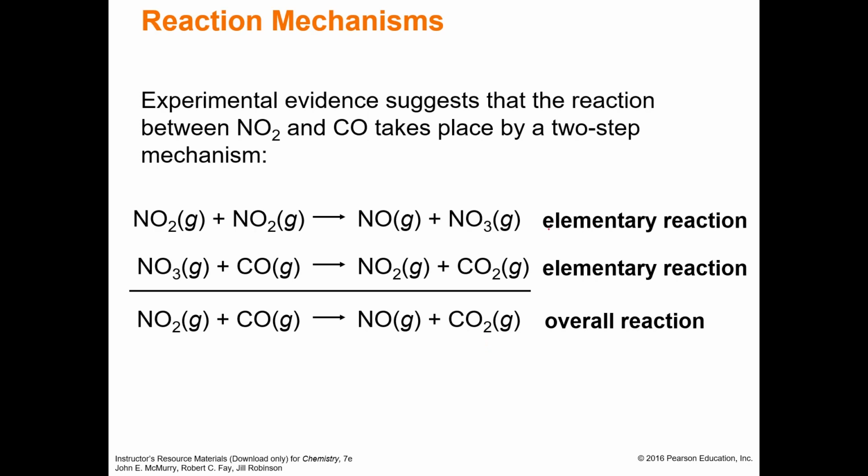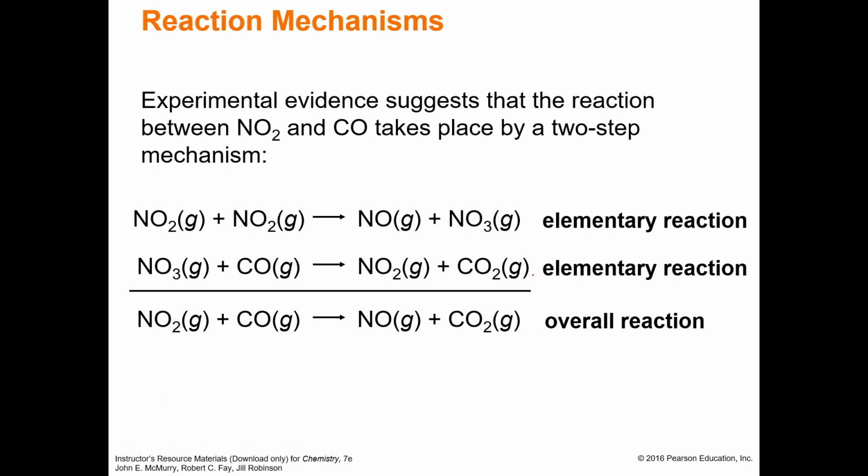What actually happens, or what we think happens based on experimental evidence, is that our nitrogen dioxide breaks down into nitrogen monoxide and nitrogen trioxide, and the nitrogen trioxide reacts with carbon monoxide to give us nitrogen dioxide and carbon dioxide. So the nitrogen dioxide is one of our reactants, so we can go back and keep the cycle going.